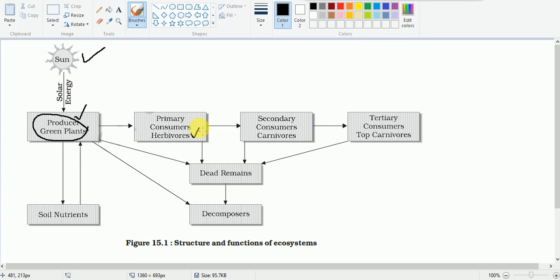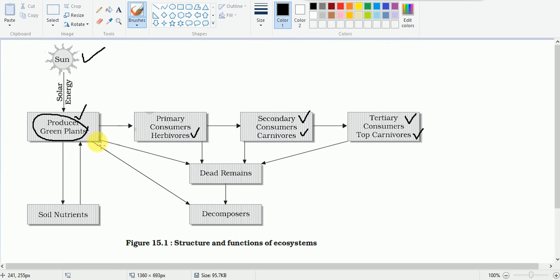And again, these herbivores are eaten by carnivores, known as secondary consumers. And again, some carnivores are eaten by other top carnivores. We have just learned about it. We have hawks and others, and these are known as tertiary consumers.